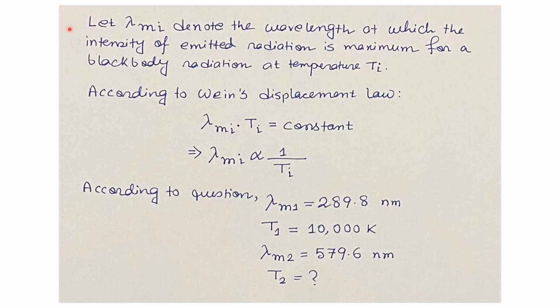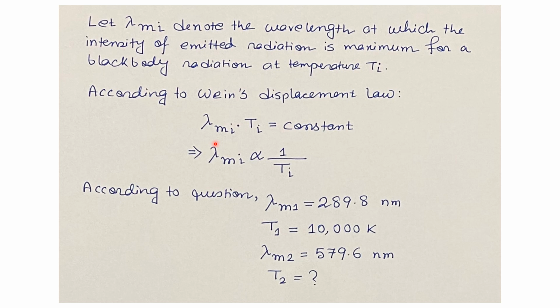Now coming to the solution part of our question. Let lambda mi denote the wavelength at which the intensity of emitted radiation is maximum for a blackbody radiation at temperature Ti. According to Wien's displacement law, lambda mi times Ti equals a constant.